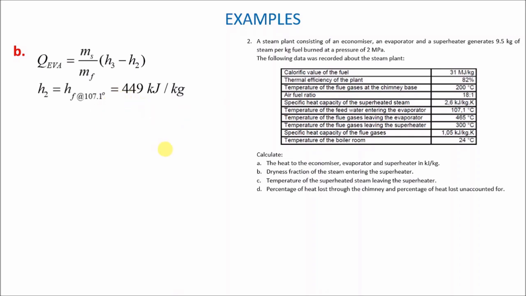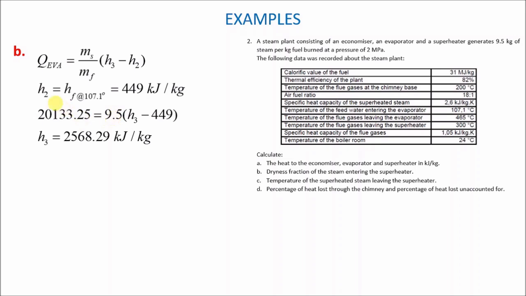Plugging all the numbers into the equation for the heat absorbed by the evaporator, the only thing that we do not have is H3. Remember what I said earlier, MS over MF in this case is 9.5, so that's the 9.5 you see here.